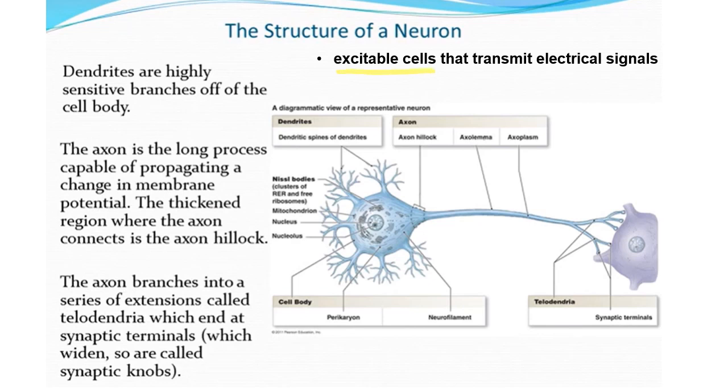They're going to transmit electrical signals, and those are going to be converted into chemical signals. Most of the time you have chemical signals going on, not just electrical signals. So we looked at the dendrites, gathering information. And then you have your cell body.